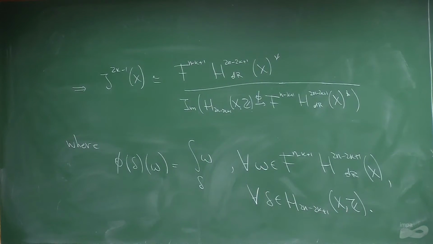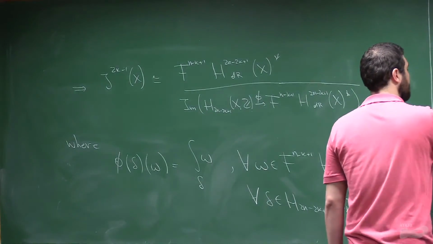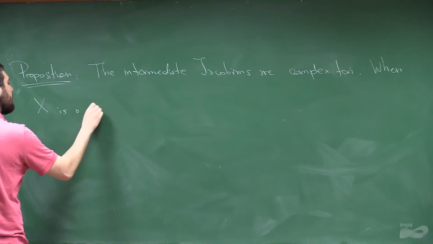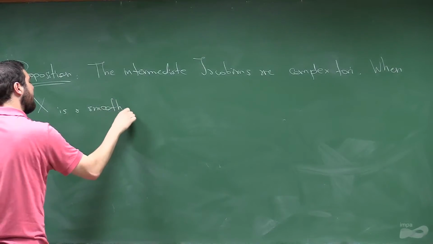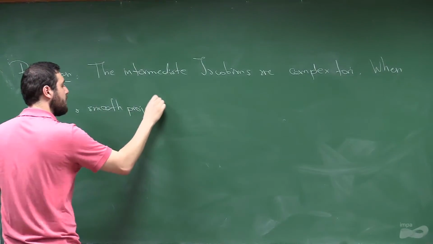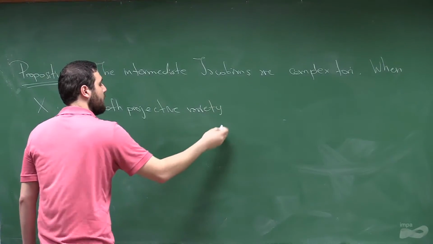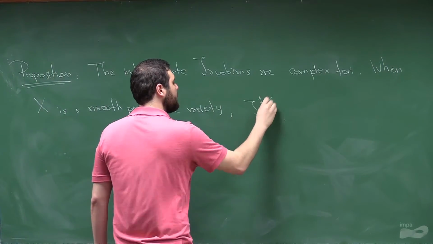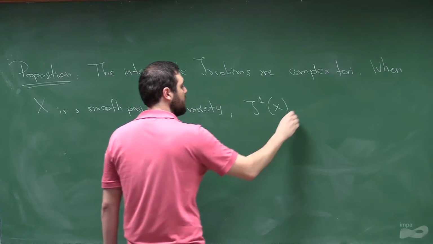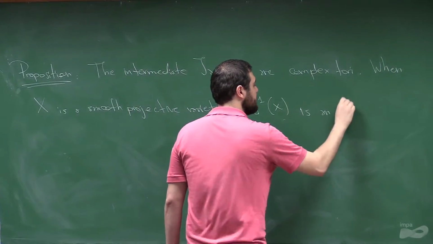And when X is projective, the first intermediate Jacobian, the J^1, is an Abelian variety.